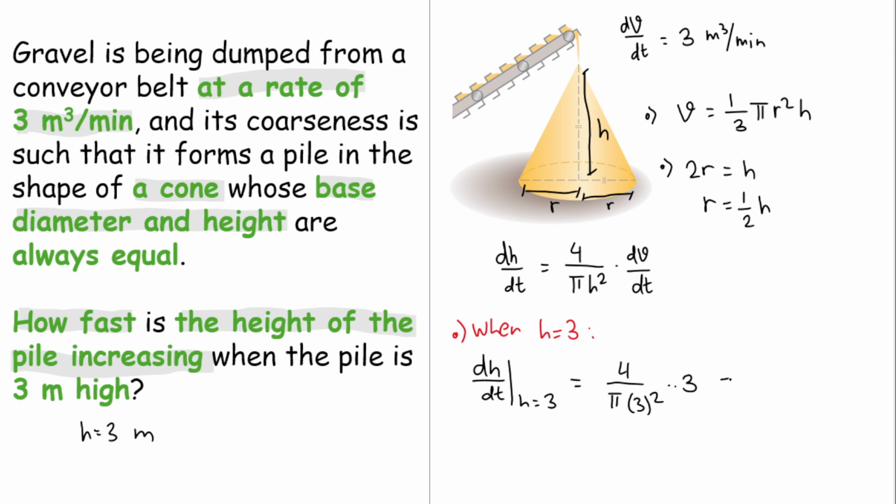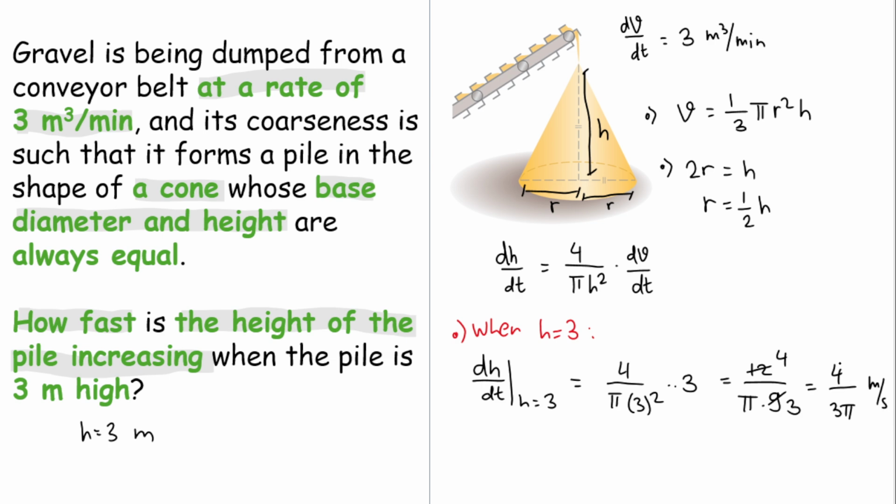Okay, and then we will have 12 divided by pi multiplied by 9. I think we can divide both sides here by 3, so we'll have 4 divided by 3 pi, and the unit here will be meter per minute.